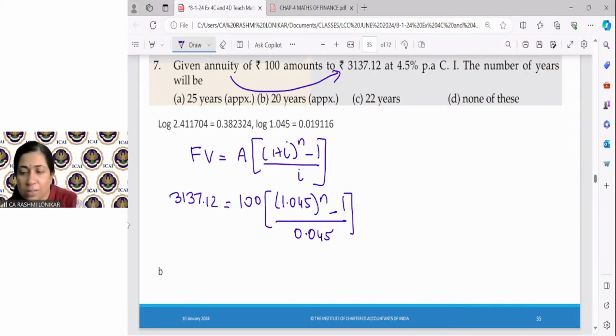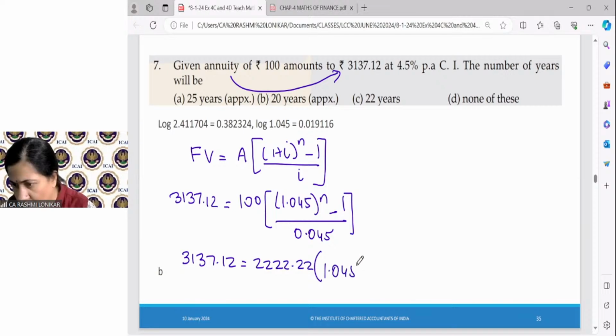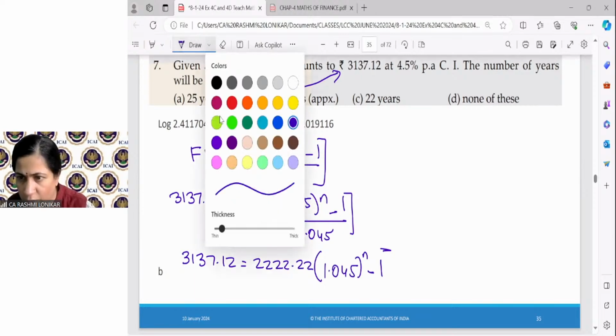So let me first solve the left hand side. 100 upon 0.045: 100 divided by 0.045 is 2222.22. So 3137.12 is equal to 2222.22 into bracket 1.045 raised to n minus 1.